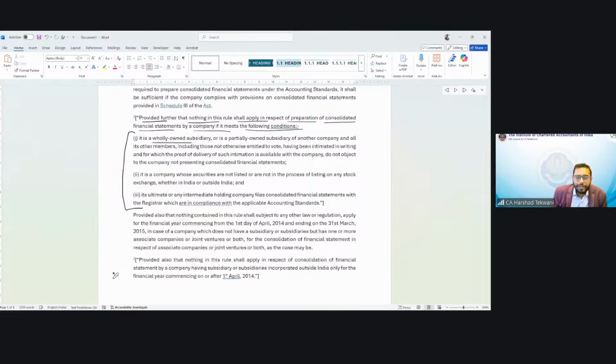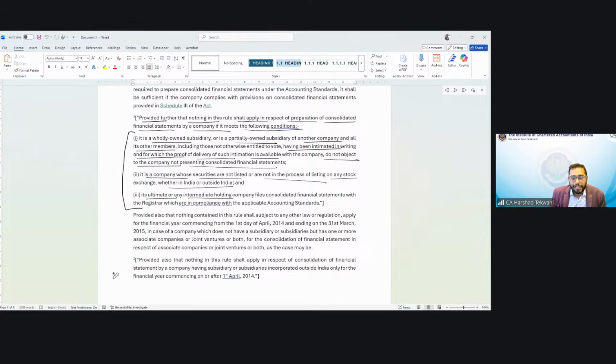First, a wholly owned subsidiary, or a partially owned subsidiary of another company, and all its other members, including those otherwise not entitled to vote, have been intimated in writing, and for which the proof of delivery of such intimation is available, and they do not object to the company not presenting consolidated financial statements. Second, it is a company whose securities are not listed or are not in process of listing on any stock exchange in India or outside India.